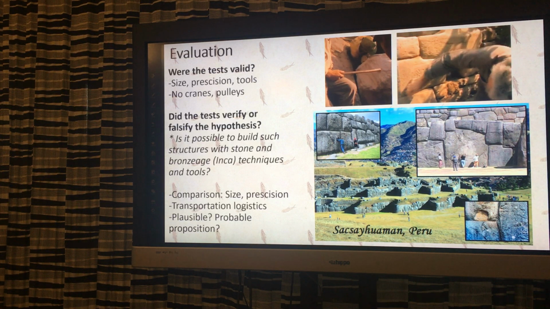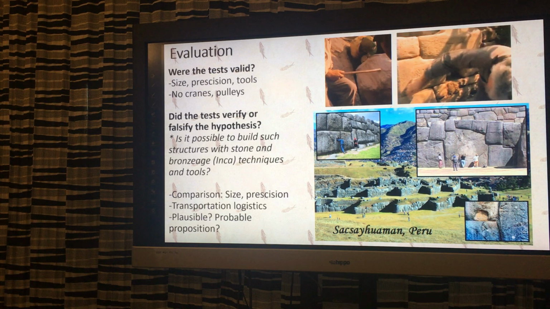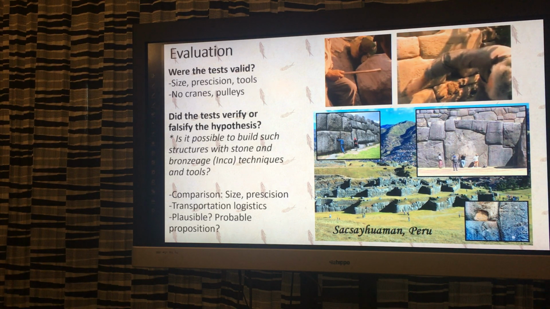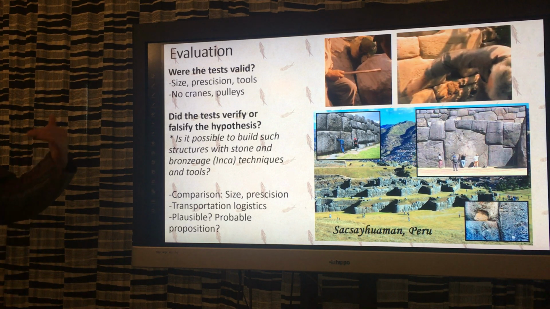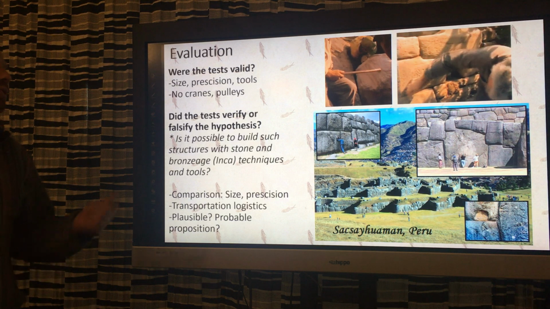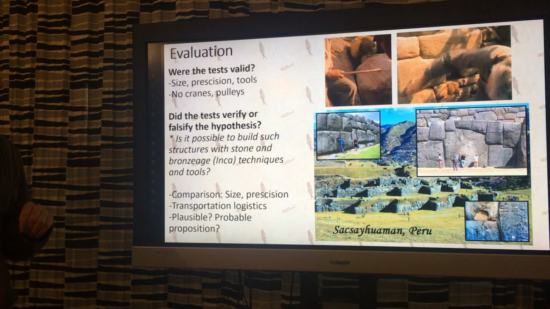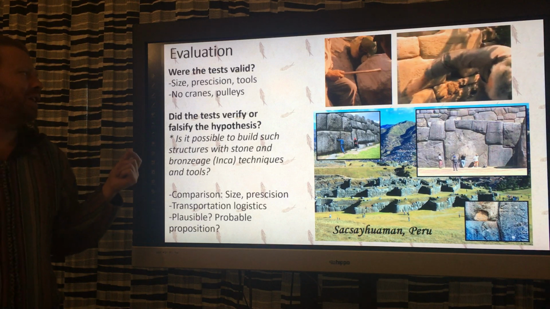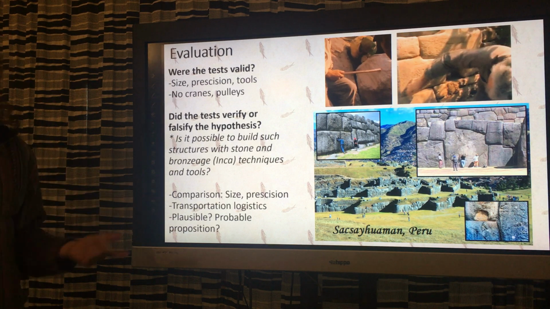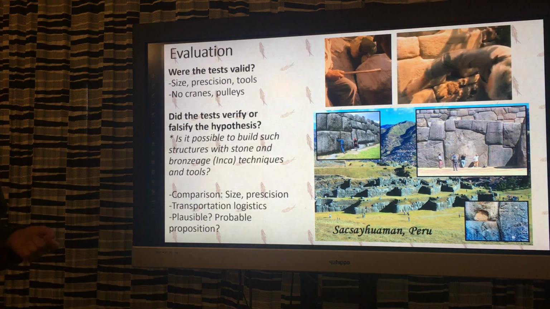So if you evaluate this fieldwork, you should ask whether the tests were valid. The size of the stones was different, and there was a different precision, but I would rather ask whether the tests verified the hypothesis, because it's more a falsification if the precision is not achieved, so it's not possible to achieve such precision.